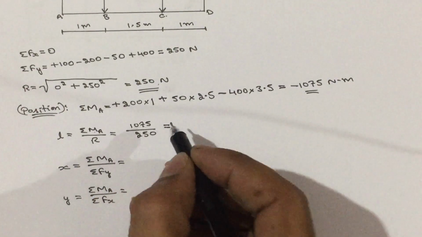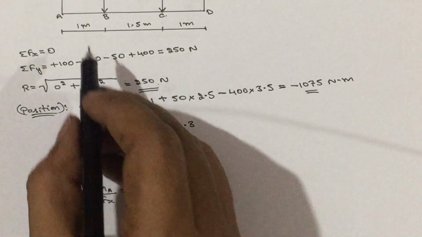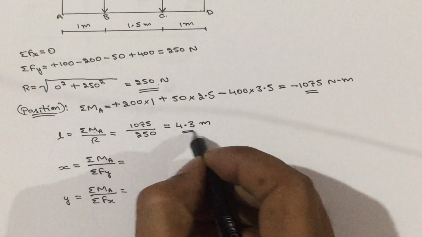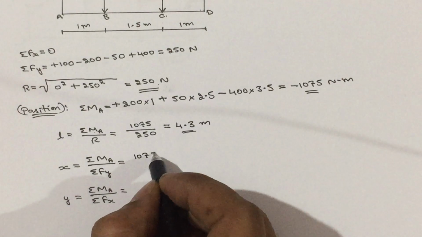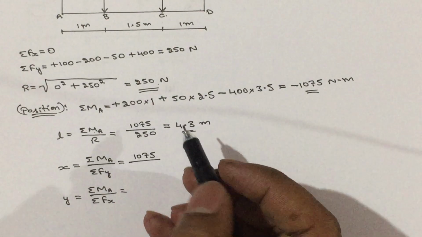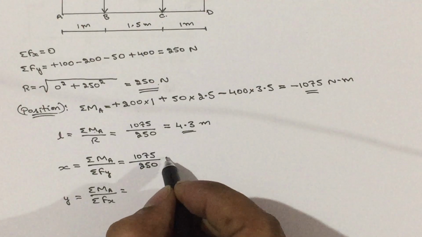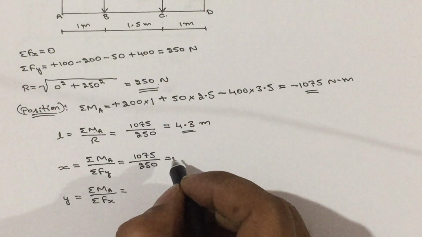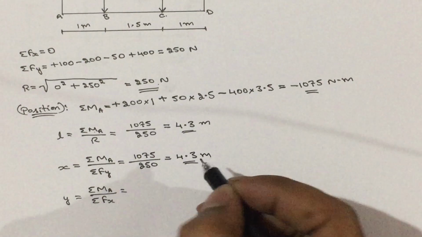If we calculate, we are going to get 4.3, and in the given problem all the units are in meter, so it will be meter. Then sigma m is 1075 divided by sigma fy, we got it as plus 250. Then if we calculate x intercept, you are going to get it as 4.3 meters.